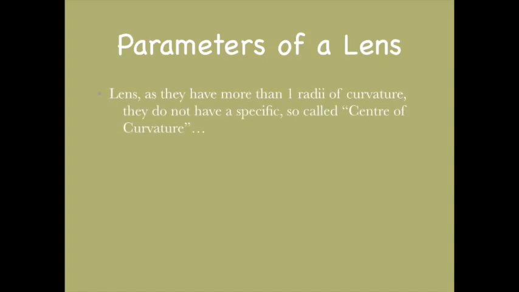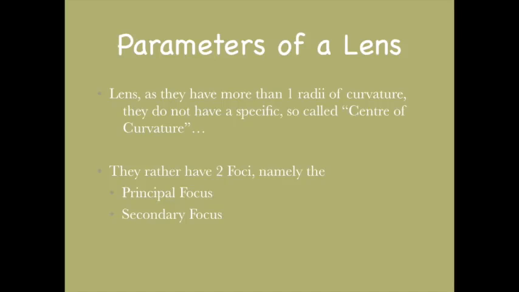Lenses have more than one radius of curvature, and so they do not have a specific center of curvature. They rather have two foci, namely the principal focus and the secondary focus. These are present on either side of the lens.